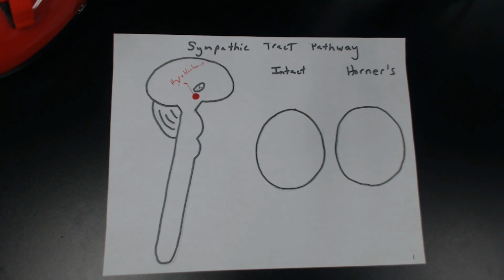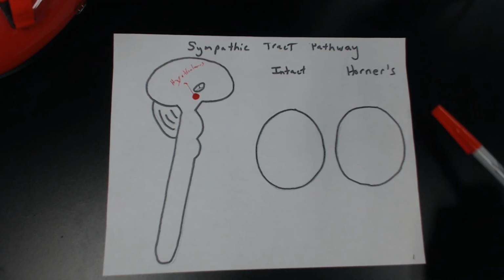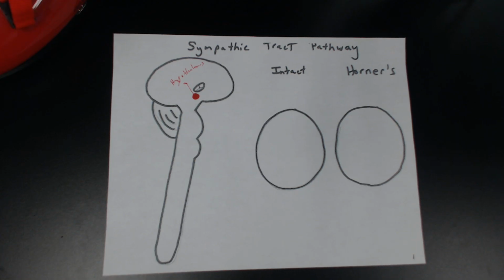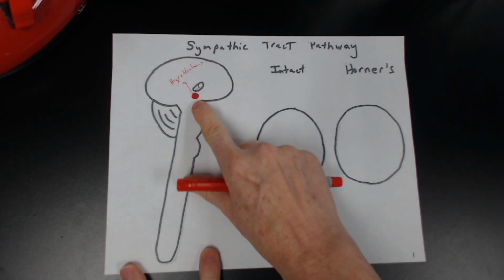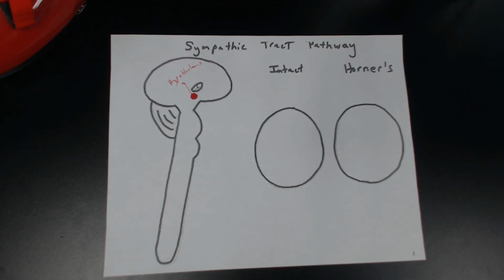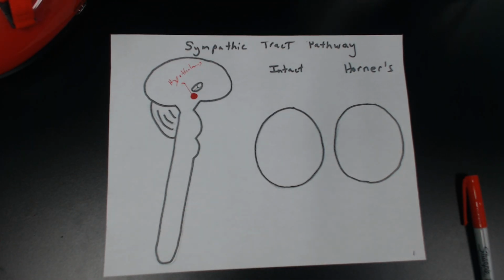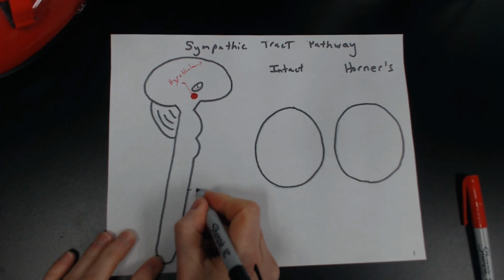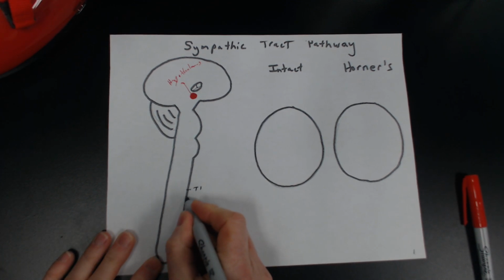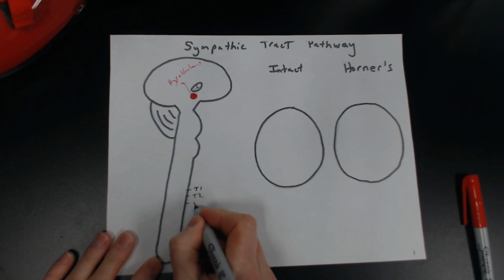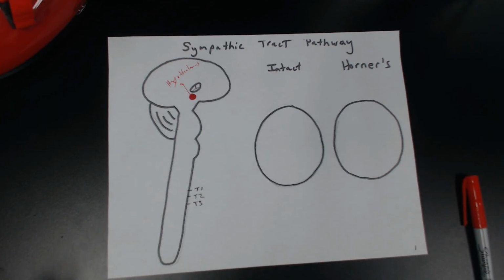Okay. The sympathetic tract, that little dot that we looked at through all the different cross sections, actually extends from the hypothalamus all the way down through T1 through T3 spinal cord levels, or something like this. So down here, I'm going to say this is T1, T2, and T3.